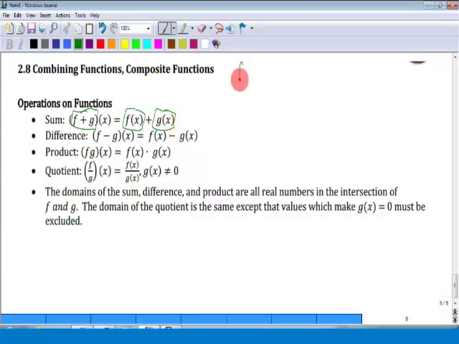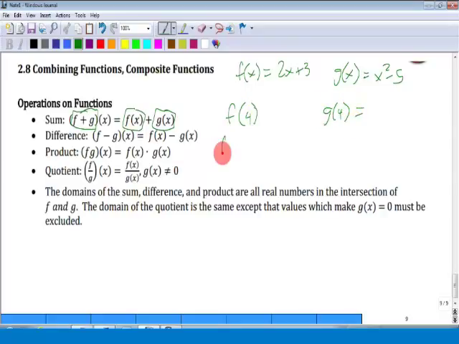So, for example, if f of x equals 2x plus 3, and g of x equals x squared minus 5, and we wanted to find f of 4, well, that would be easy enough. If we want to find g of 4, that hopefully would be easy enough. The point here is, what if we wanted to find f plus g of 4?